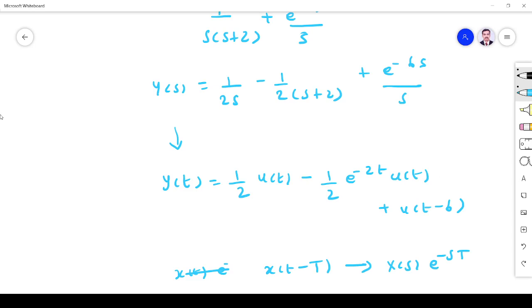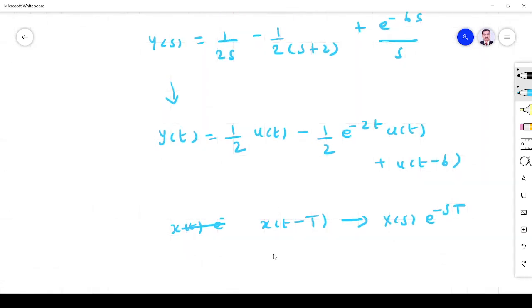For u of t, the Laplace transform is 1 by s. For u of t minus 6, the Laplace transform is 1 by s e power minus 6s. So that's why I put it.